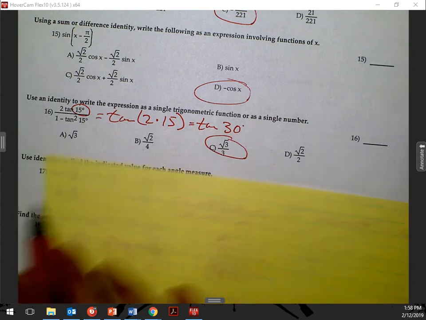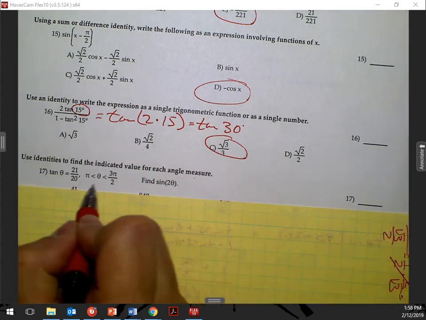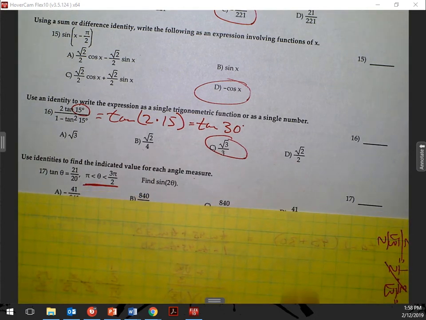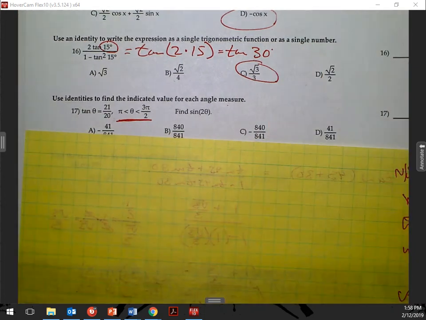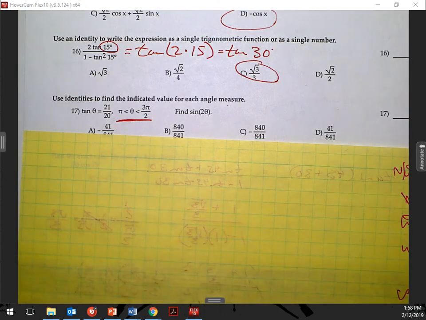Now, it says, use identities, find the indicated value for each angle measure. What quadrant is this in? Second quadrant, right? It's not second quadrant. Find pi on your unit circle. Put your finger on pi.